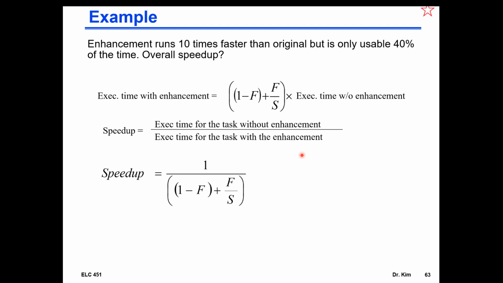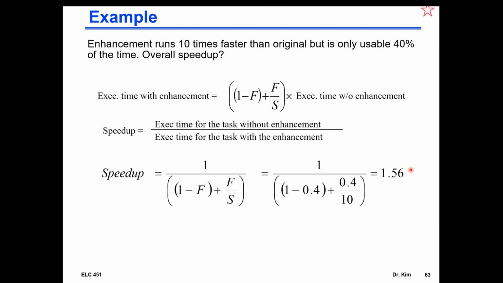So you can solve by the speedup, which is the execution time for the task without the enhancement divided by the execution time for the task with the enhancement. In this case, it will look like this. So the overall speedup is 1.56.